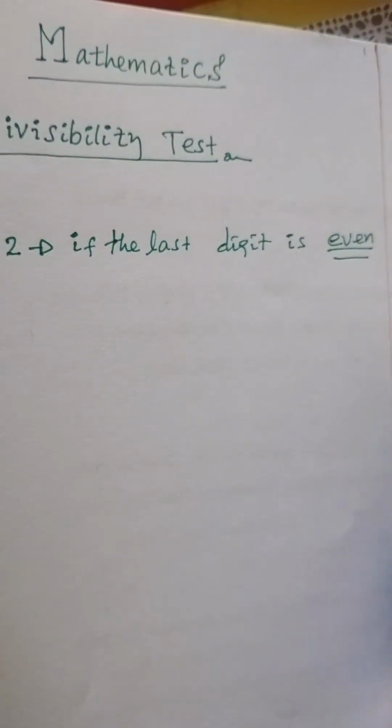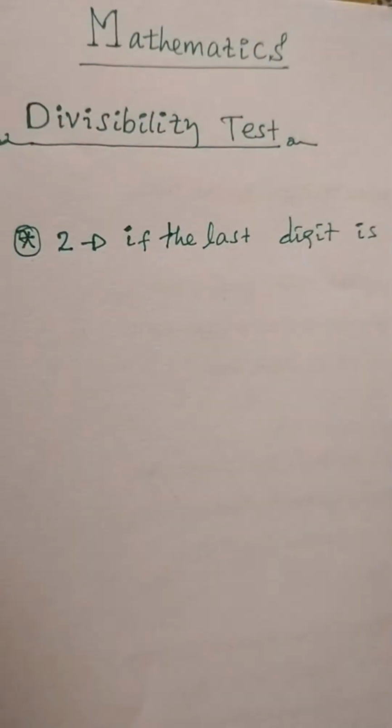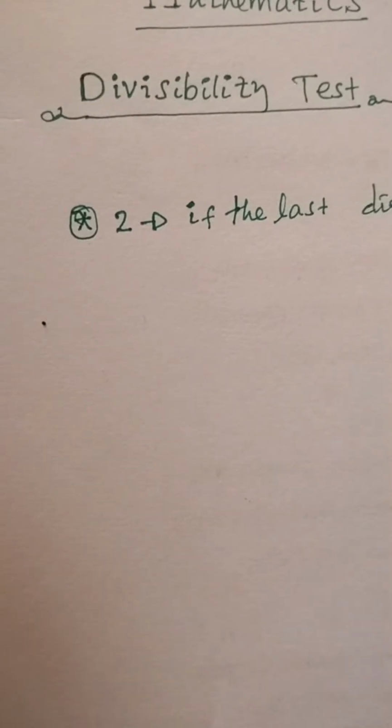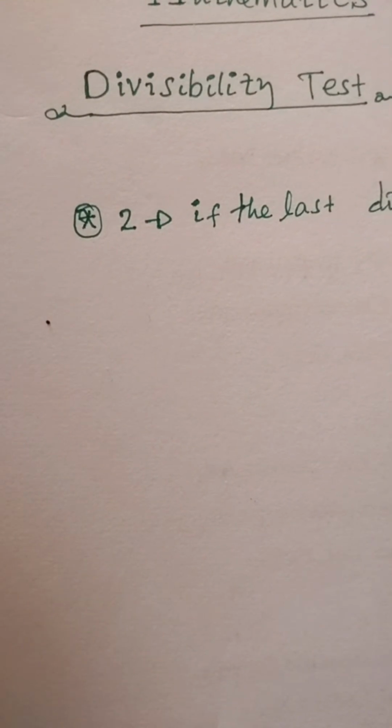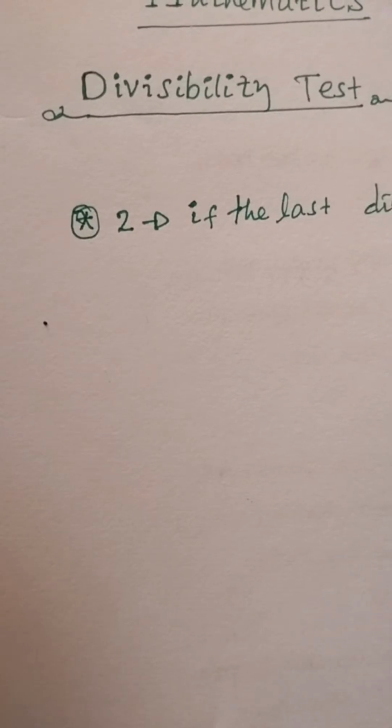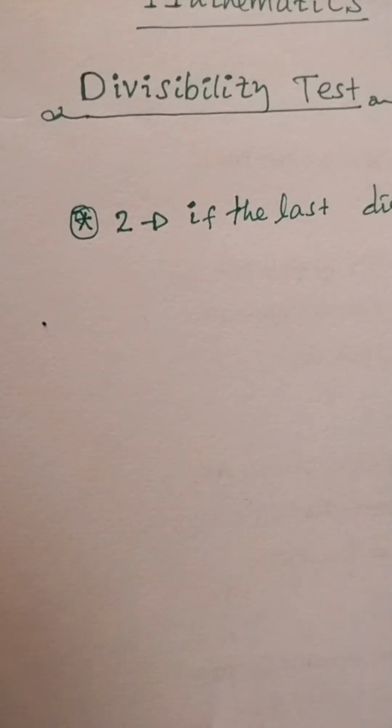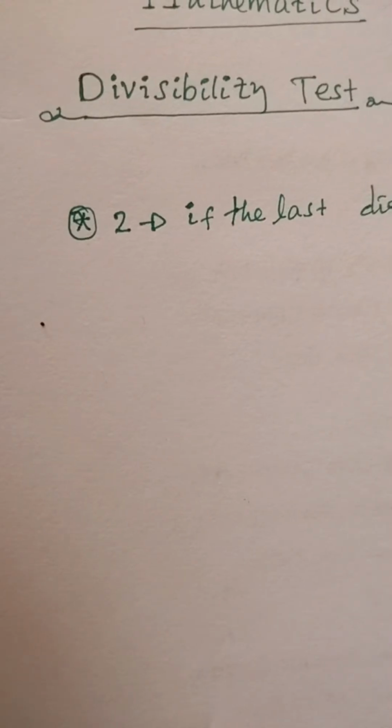Yes, if the last digit is even, it is divisible by 2. If and only if the last digit is divisible by 2, or if it is an even number, not odd.